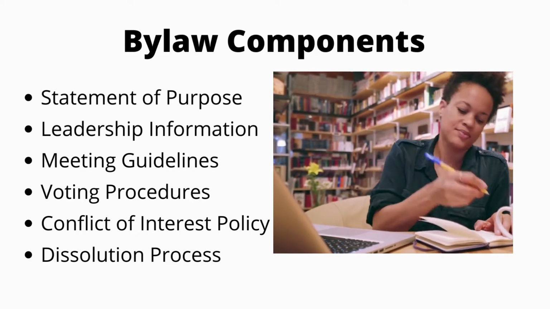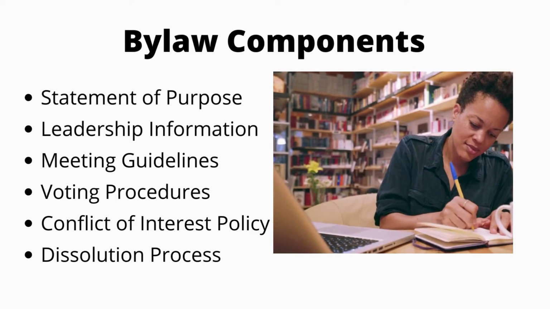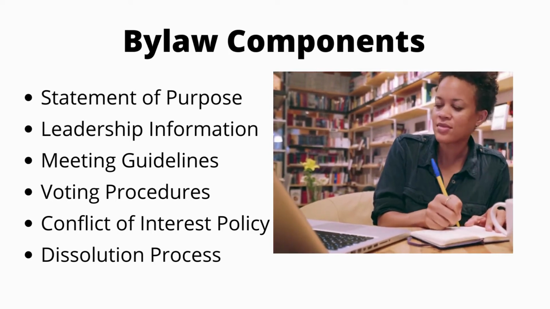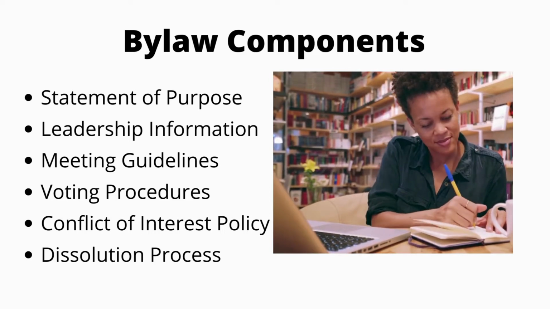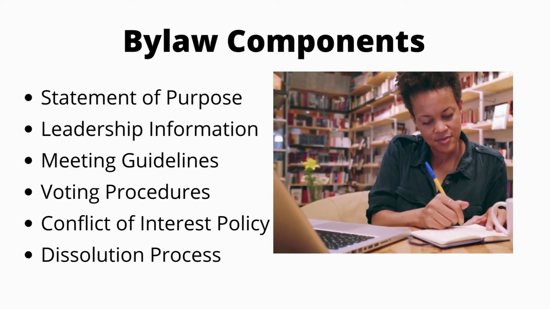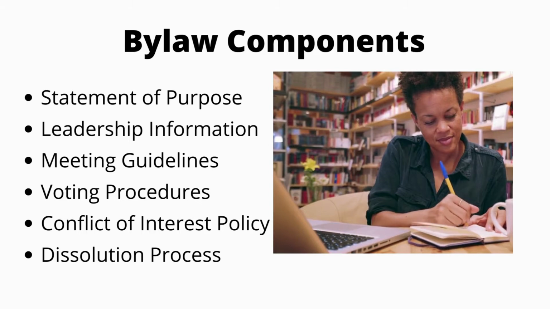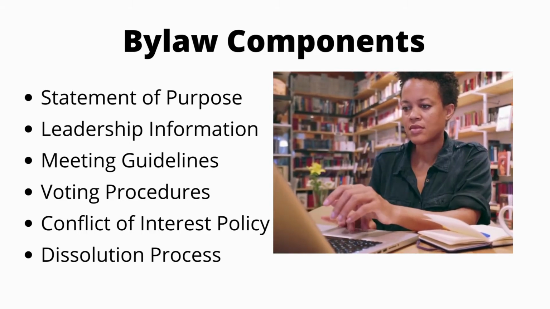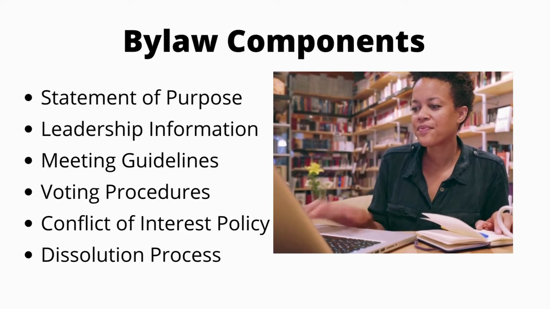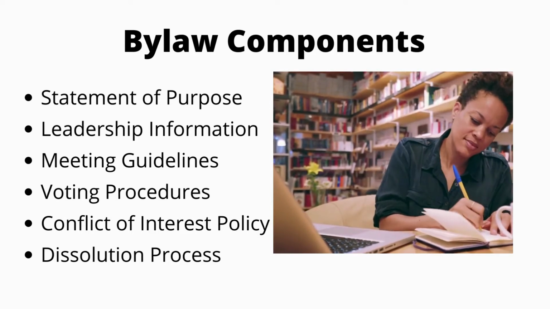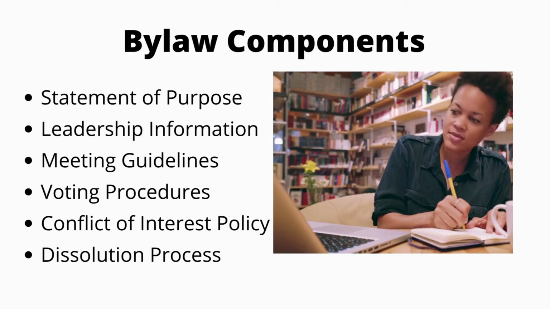Meeting guidelines, which describe the process for the meetings of your board of directors, and this includes establishing the number of times they'll meet each year, along with when and where those meetings will occur. Voting procedures, which define how many members must be present for a vote, as well as how many votes are necessary for an initiative to pass.